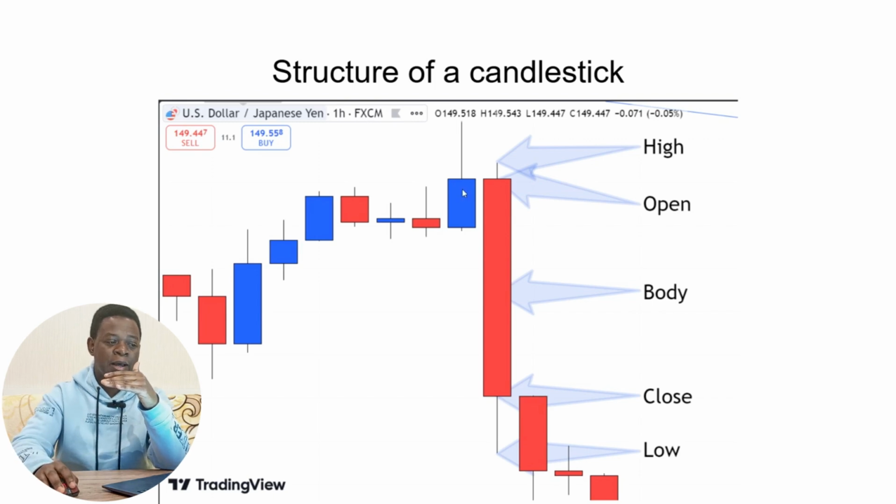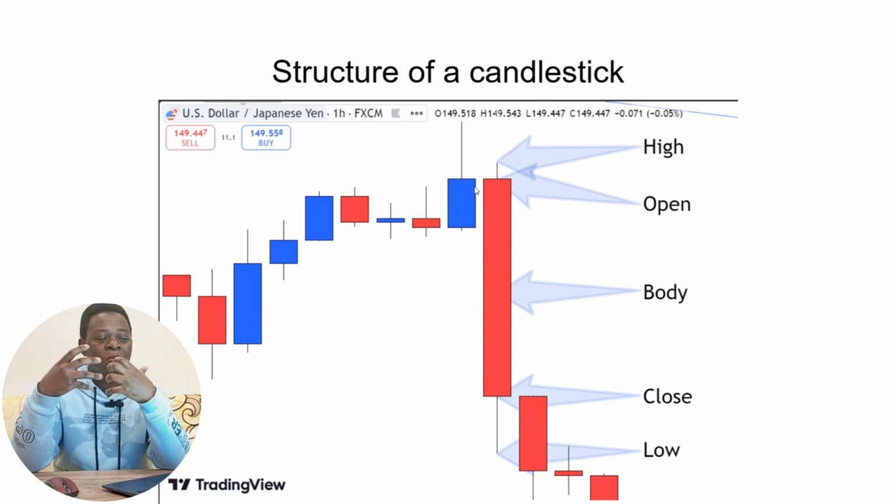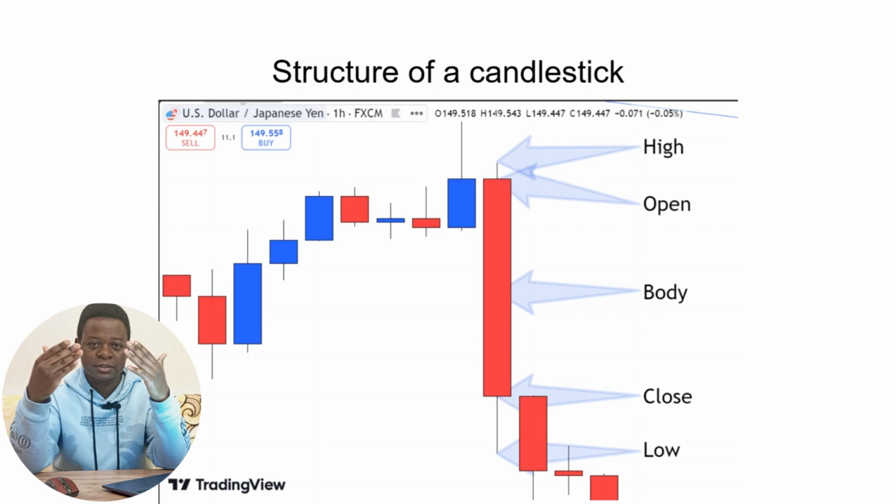So this candle, for example, opened at this point, and most of the traders who came into this market had a bias which says that the price is too high. Deeming the price too high, they prefer to sell.